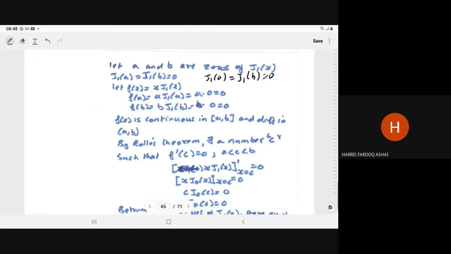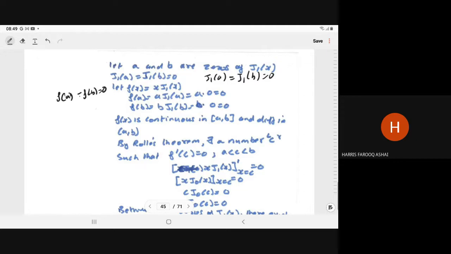So now we have f(A) is equal to f(B) is equal to 0, the third hypothesis of Rolle's theorem. f(x) is continuous on the closed interval AB, and f(x) is differentiable because we have computed the derivative of x J1, so it is differentiable in the open interval AB.